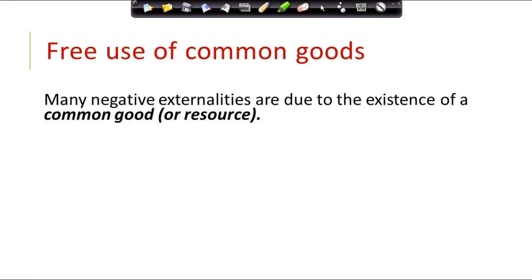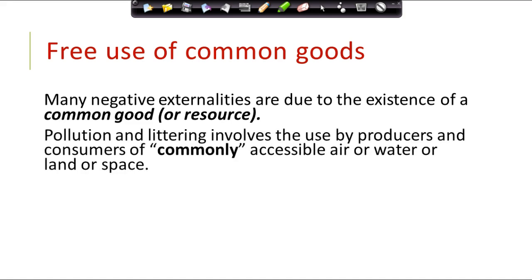Now, many negative externalities are actually due to the existence of a certain kind of non-private good, which we saw in a previous video. That is, the existence of common goods, or common resources, as they're sometimes known. Pollution and littering involves the use by producers and consumers of commonly accessible air, or commonly accessible water, or commonly accessible land or space.